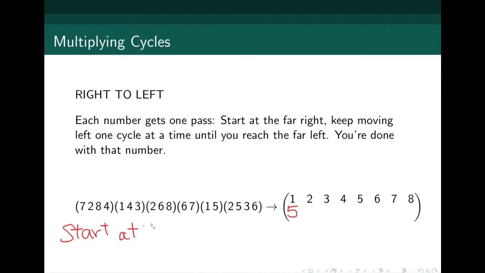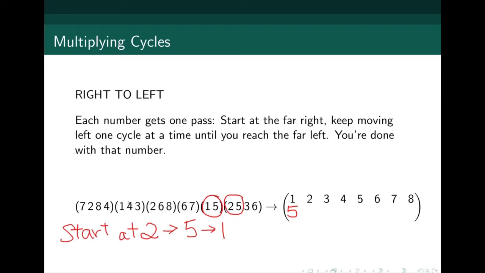Next time through, we want to consider what happens to the number 2. So we're going to start at the number 2 and see what happens. Well, in this first cycle, I do see a 2. It goes to 5. So now I'm at 5. In the next cycle, what happens to that 5? It goes back to 1. So now we're at 1. Nothing happens to 1 in the next cycle.